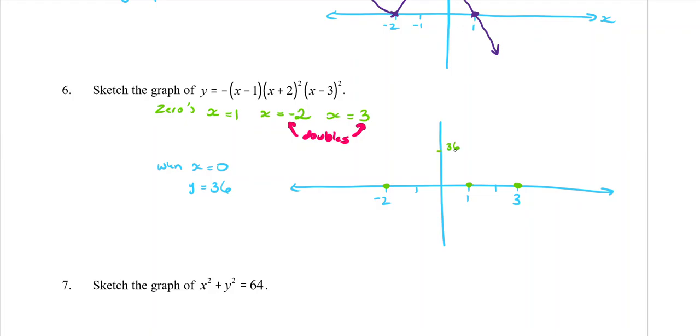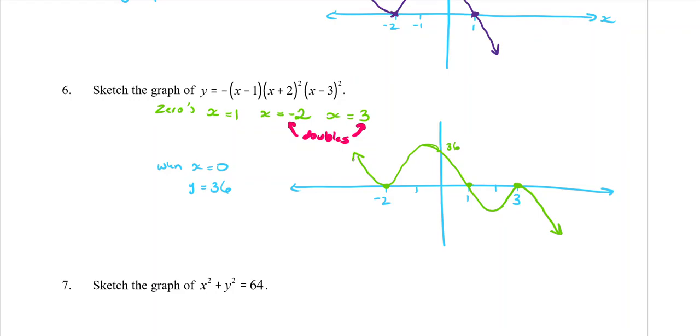So my graph has a single, which means it's going to pass through the 1. So it's going to come down and pass through the 1, come back up, bounce off the 3. Then it's going to come around the top here and bounce off the minus 2. What a great graph. Yeah?